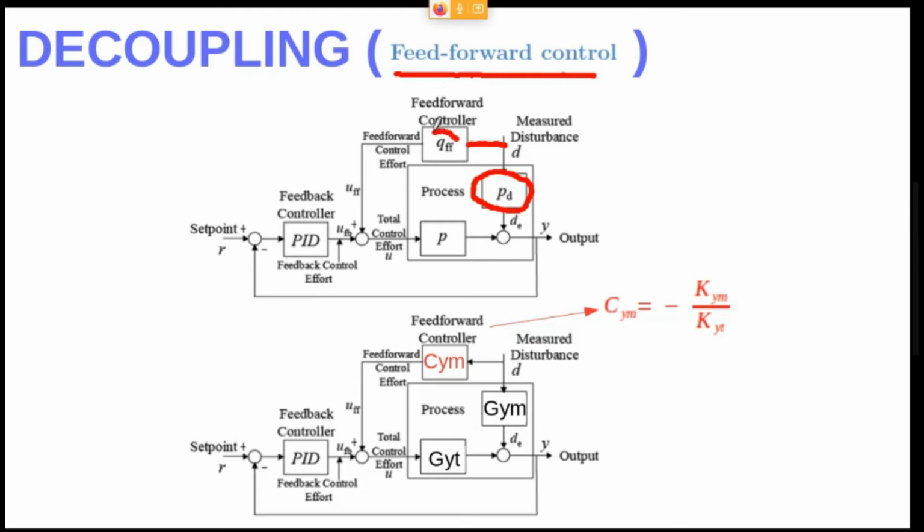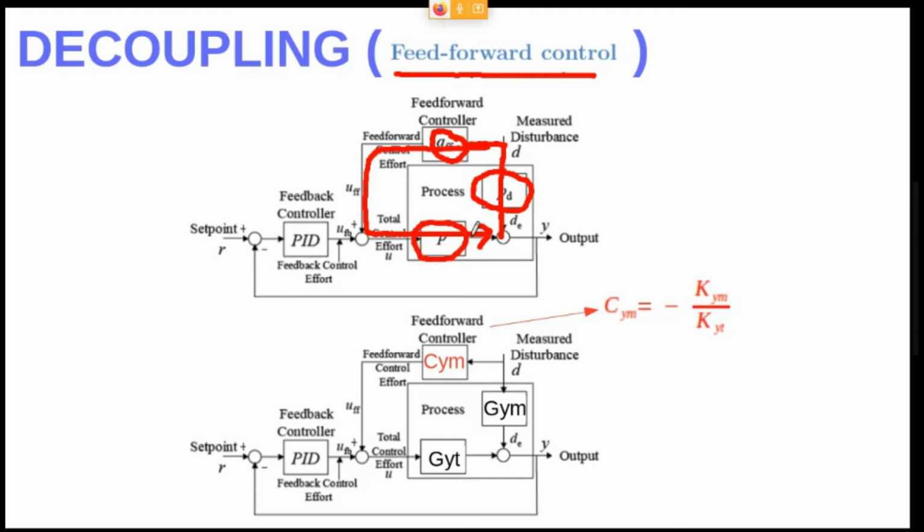The feed-forward controller affects the system with the following criterion: a disturbance appears, and its effect by this way will be cancelled by the effect of this other way, right? So the feed-forward controller transfer function is calculated according to these two elements. At the end, the feed-forward controller will be minus the disturbance transfer function divided by the transfer function of the open loop.